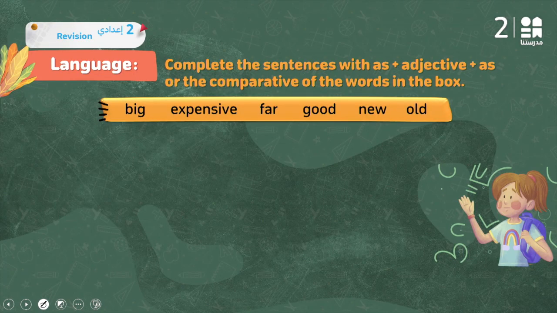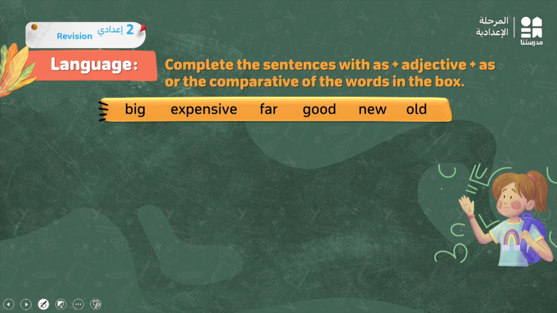Okay, so we have here some of the short adjectives and other ones which are longer. So we have big يعني كبير, expensive غالي, far يعني بعيد, good يعني جيد, new حديث, old قديم. But let me remind you of something else.